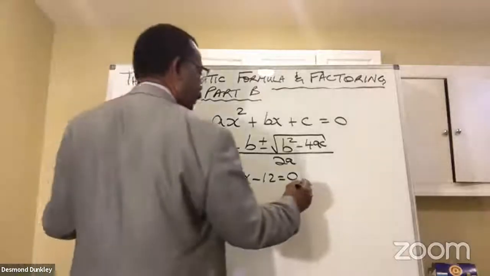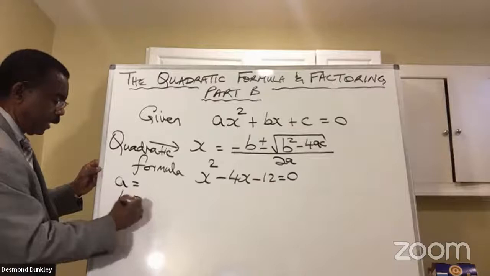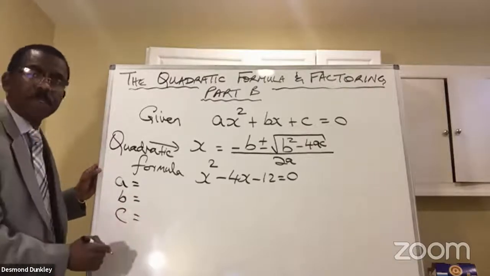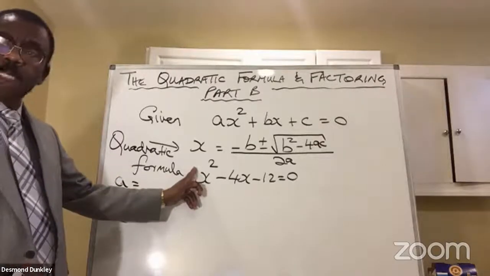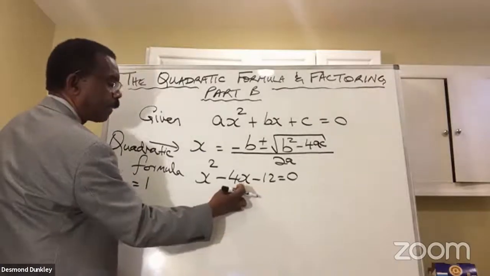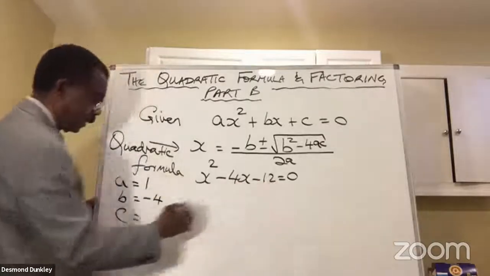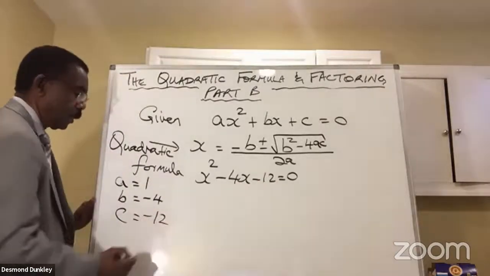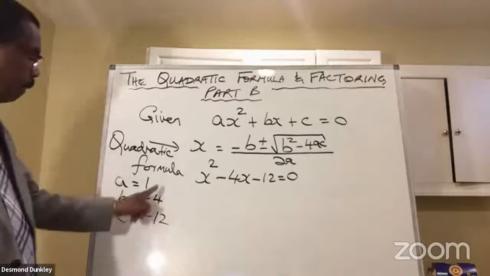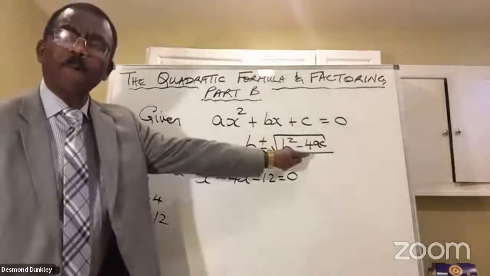A is the coefficient of x squared, in this case 1. B is the coefficient of x, negative 4. C is the constant, negative 12.